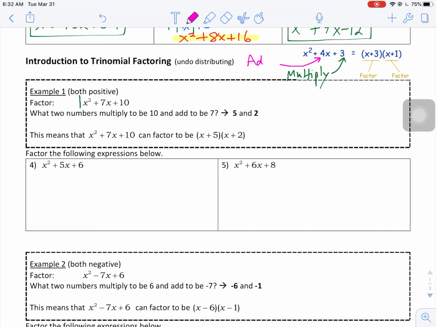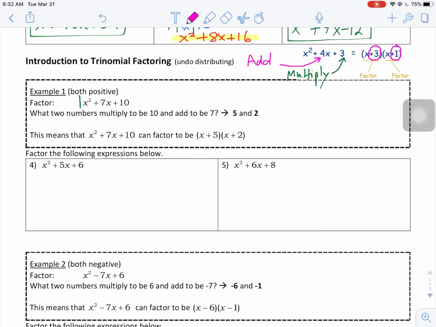So when you look at this example, the 3 and the 1, 3 times 1 is 3, and then 3 plus 1 is 4. So 3 and 1 multiply to 3, and they add to 4.